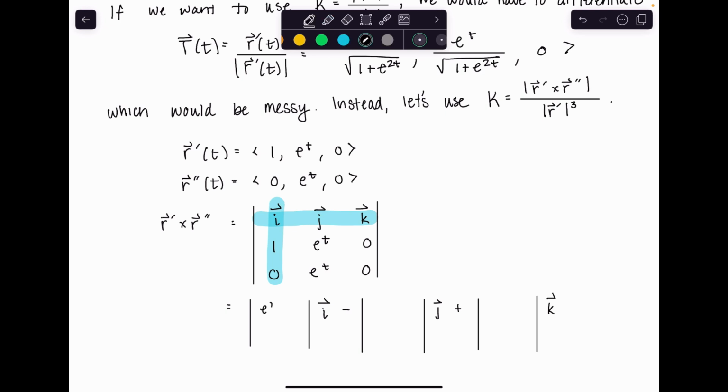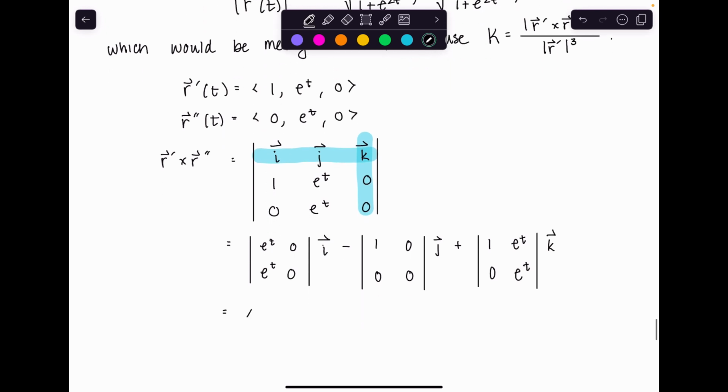So that gives us e to the t 0, e to the t 0. For the second one, we ignore this, and we're left with 1, 0, 0, 0. And the third, we ignore this. We're left with 1 e to the t 0 e to the t.